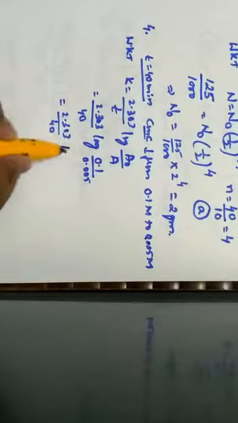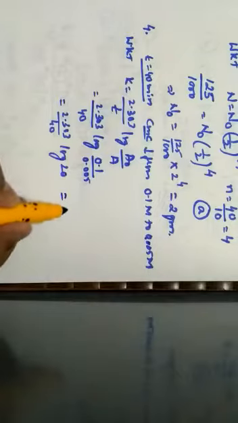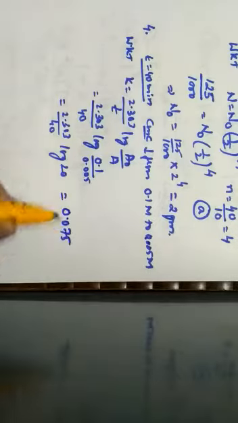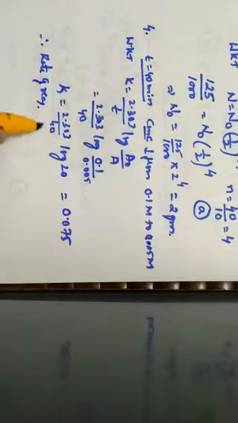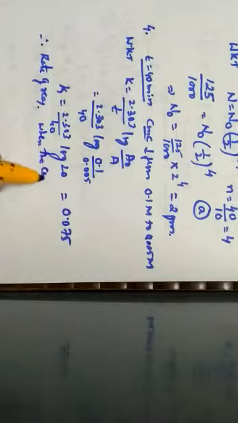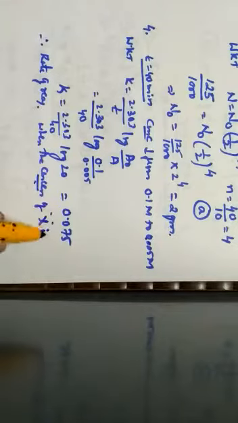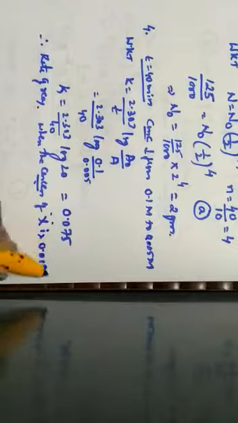If I simplify this, it turns out to be log 2. So here when I simplify this, it will be 0.075, which is the value of K. So what they are asking is the rate of the reaction when the concentration is 0.01 molar.